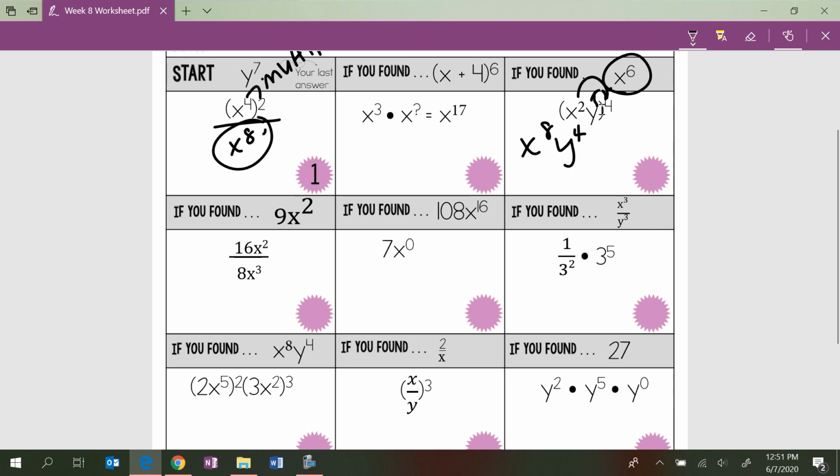And it's just 4 because when there's no exponent on your variable, or on a number, it's really just a 1. So 1 times 4 is 4. And then you'd look for this x to the 8th, y to the 4th, finding it right there.